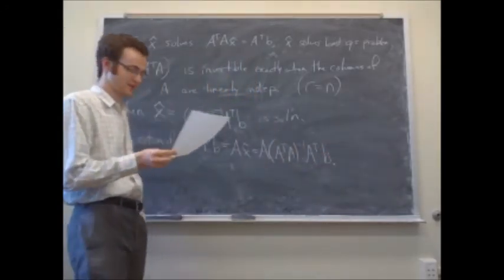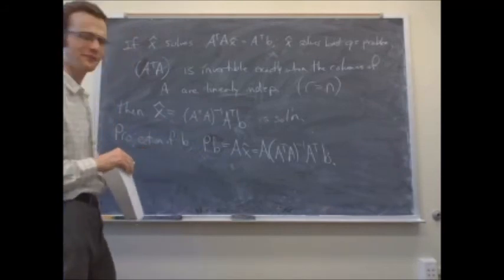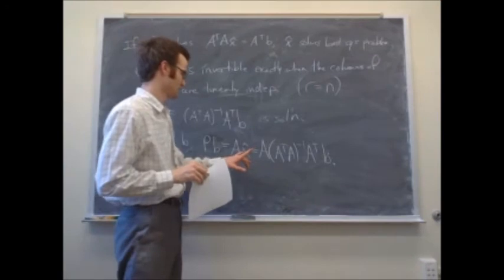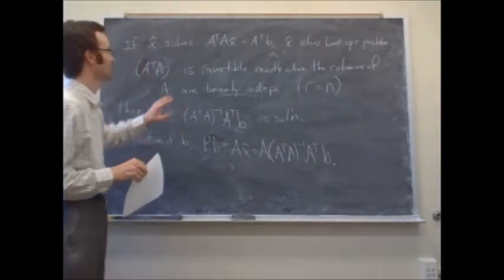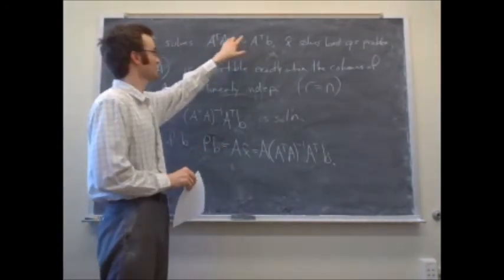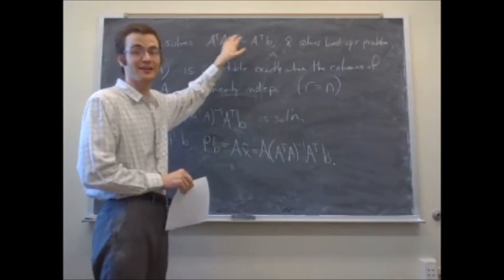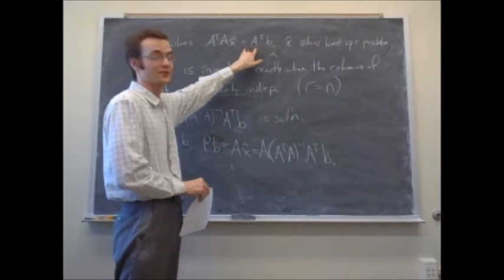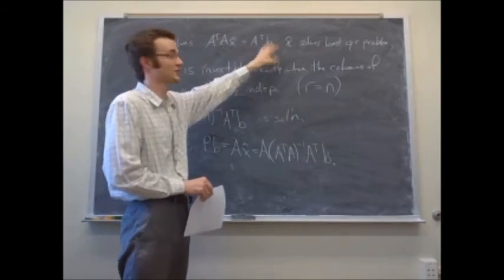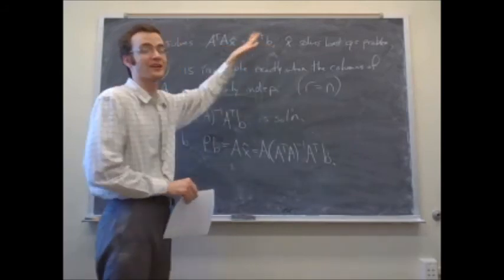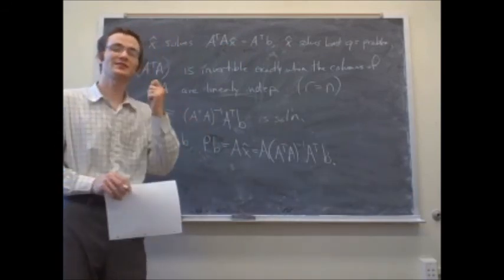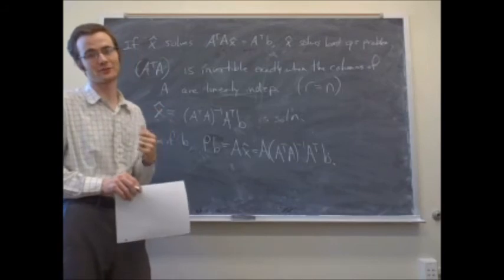Now, you might think that this is funny, because why didn't I, from here, just multiply both sides by A transpose inverse, and get A x hat equal to, well, A transpose inverse and A transpose cancel out, we just get B. So we get the projection as B. The reason why you can't is because A transpose is not going to be invertible, in general.